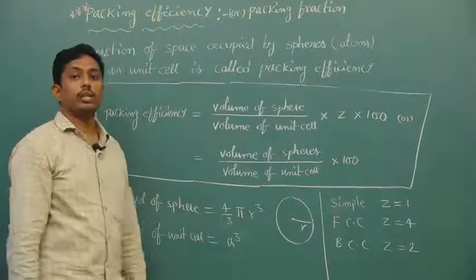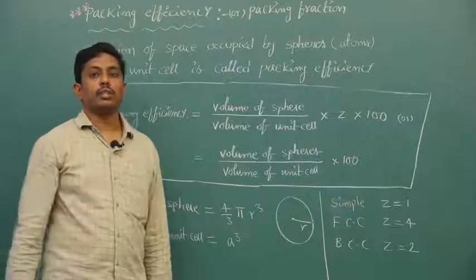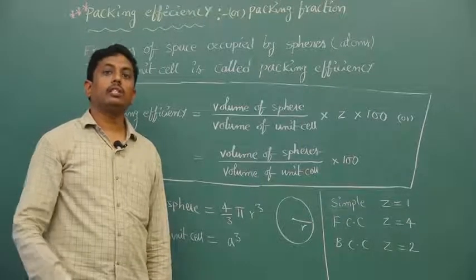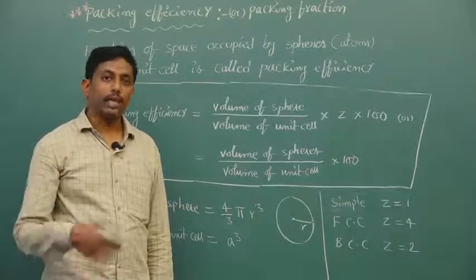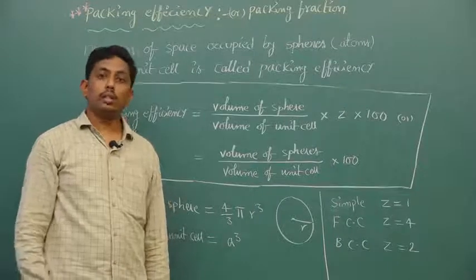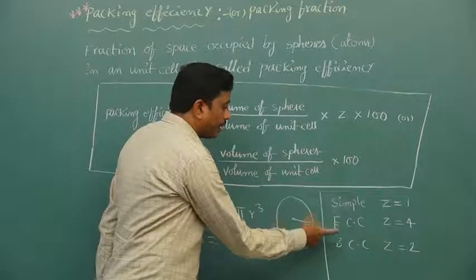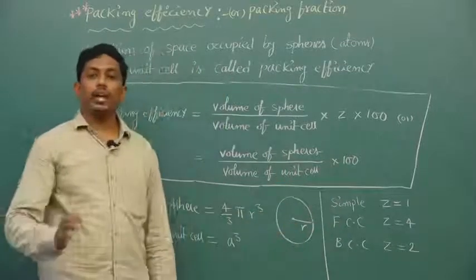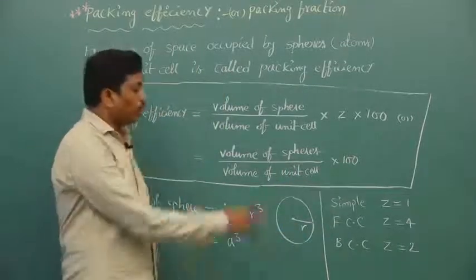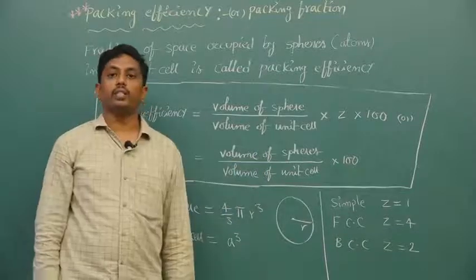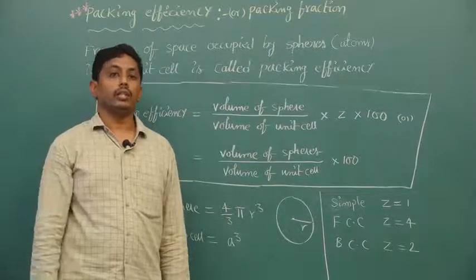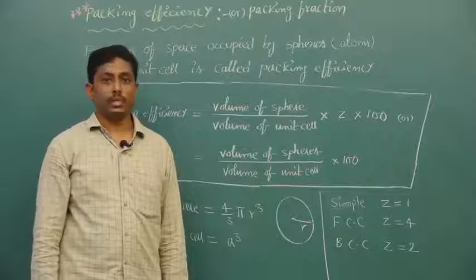This is very important. In the syllabus we have 3-dimensional close packed structures, and packing efficiencies are there. That too 3 are there, that is simple, FCC, BCC. They are very important. Out of the 3 packing efficiencies, one is compulsory for 3 marks in the public exam.